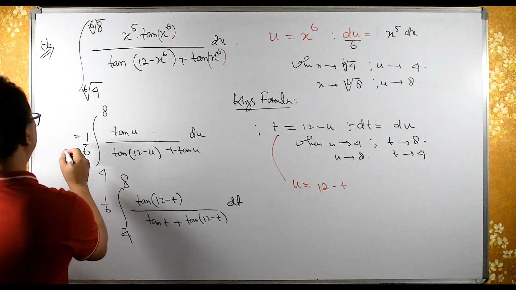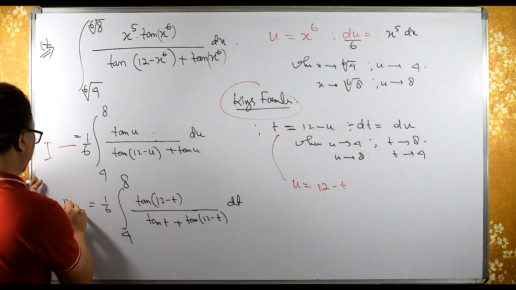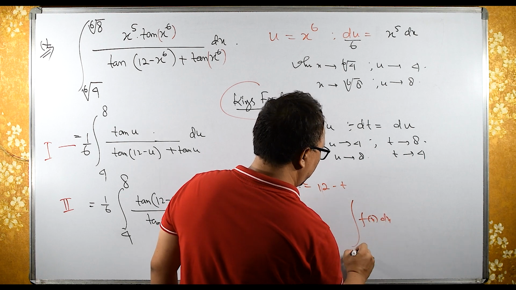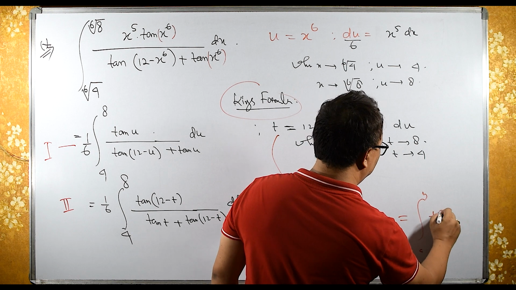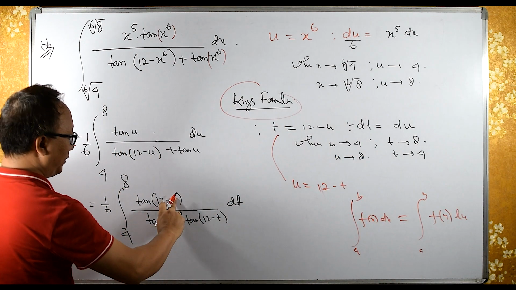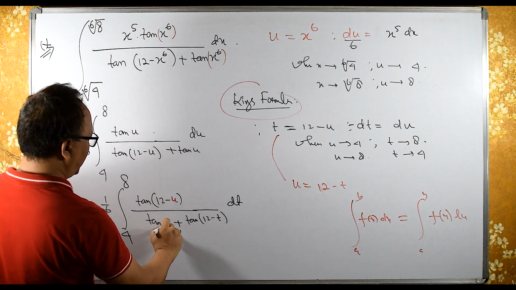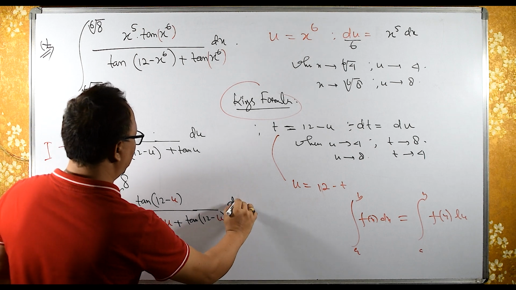Now if I consider this as I, and this is another I, remember that the integral of f of x dx from a to b is the same as the integral of a to b f of u du. The values are the same. So I can write u over here, with respect to u.